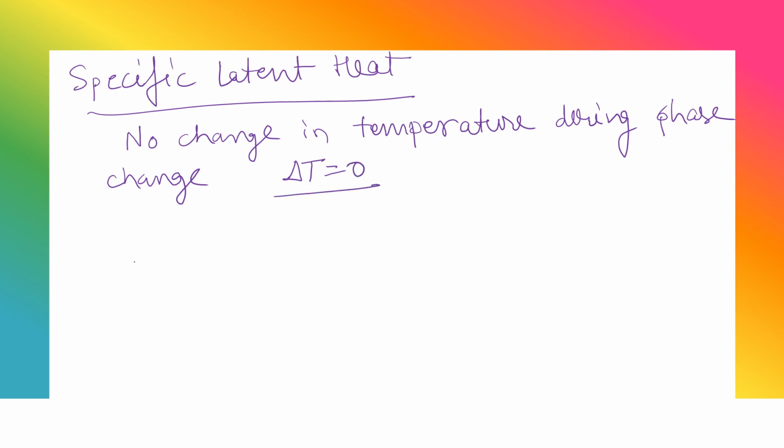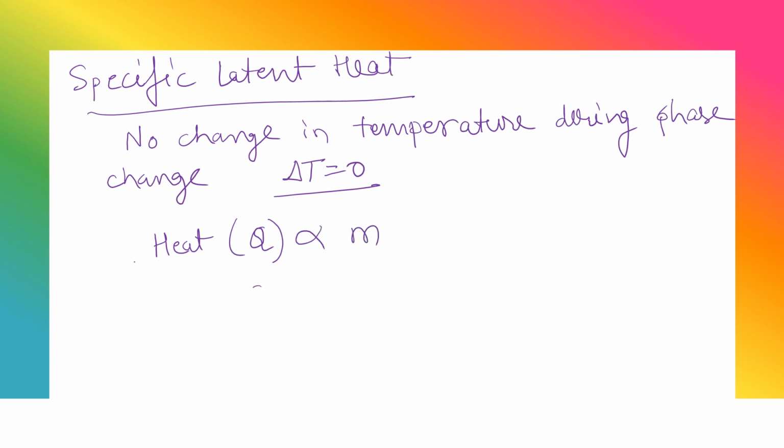Now if there is change in phase taking place from solid to liquid or liquid to gas, then you know the temperature remains constant and the heat supplied, heat here I will write as Q, depends on the mass of substance.